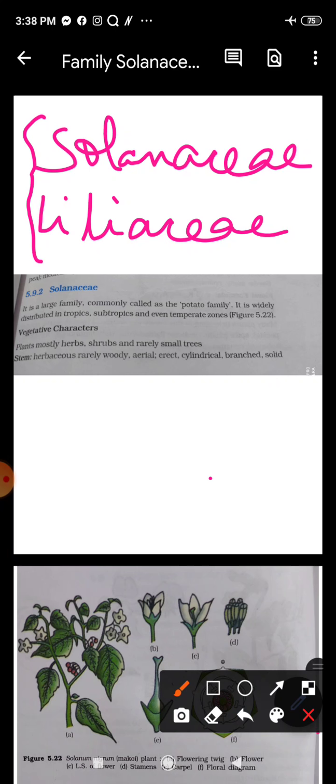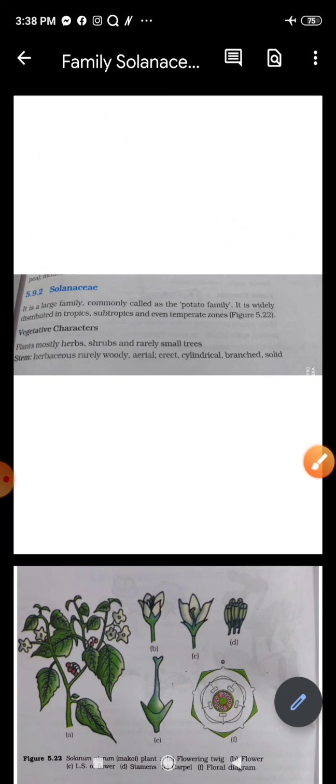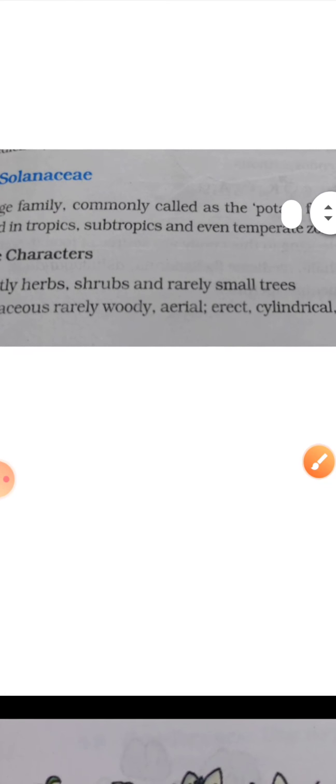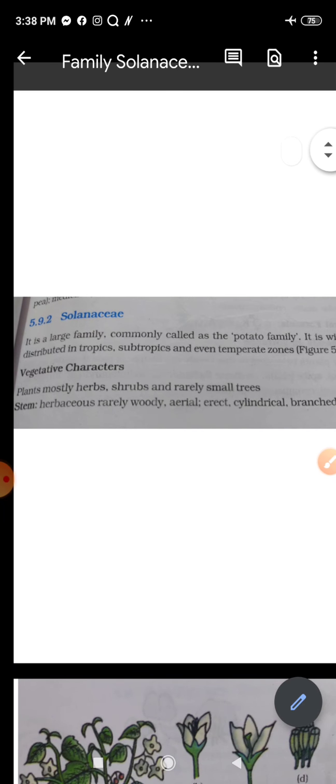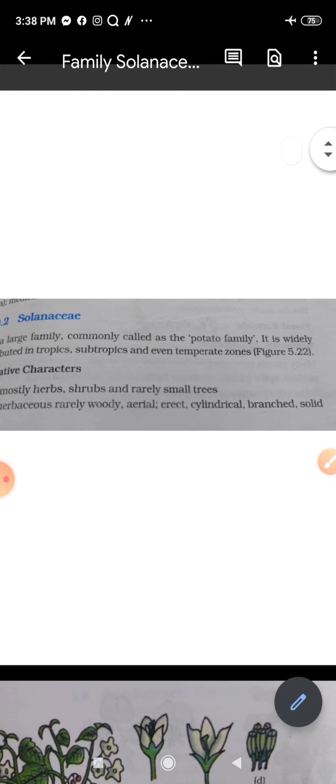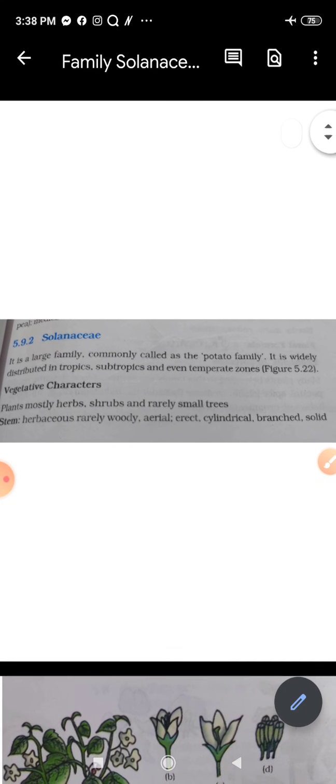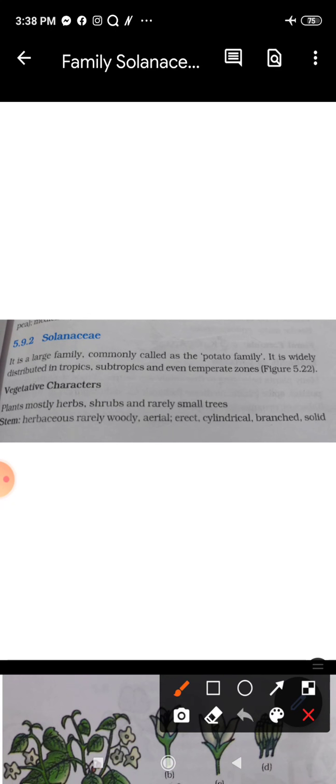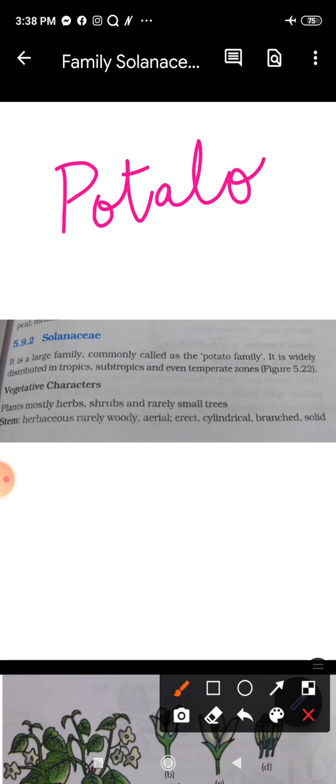So starting with the first family, that is family Solanaceae, it says here, it is a large family commonly called the potato family. Why it is called the potato family is because there are many vegetables here, and basically potato, which is one vegetable liked by everyone, belongs to this particular family.